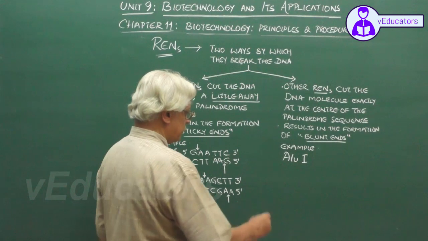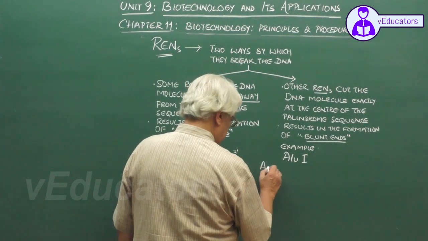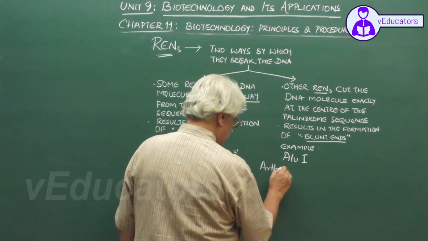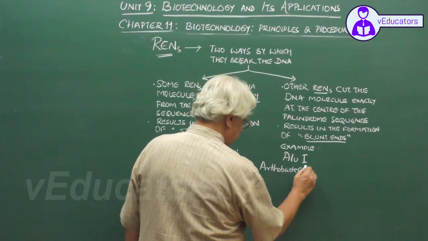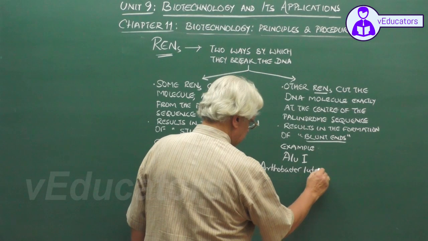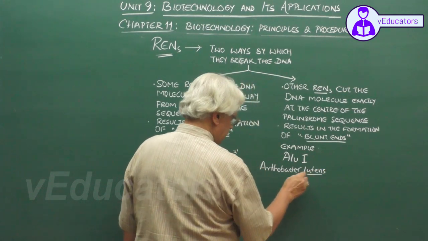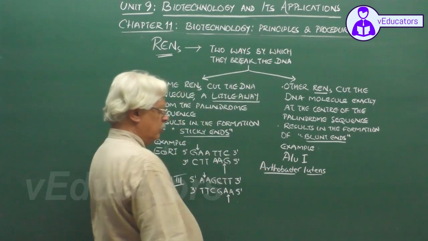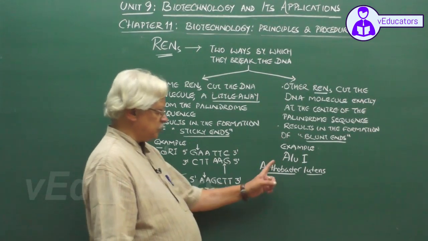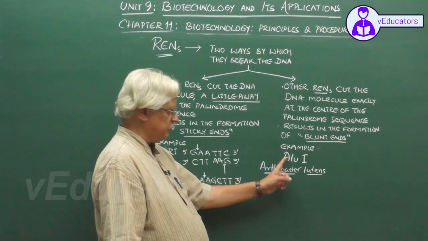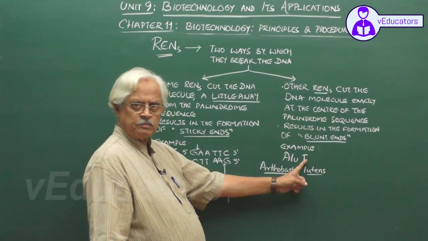This restriction enzyme is obtained from the bacterium Arthrobacter luteus. So AluI, first one.